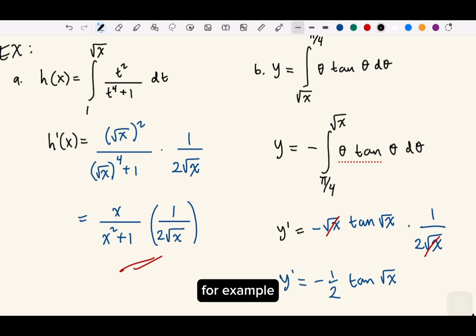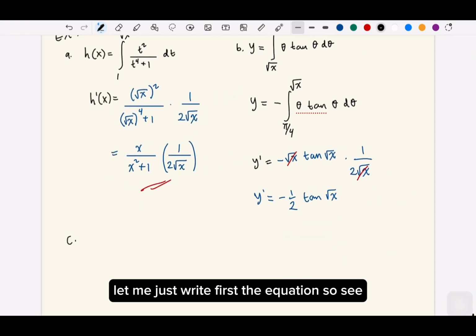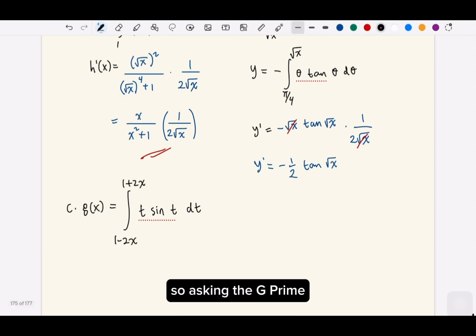So for example, let me just write first the equation. So C. Let's say g of x is, so asking the g prime.